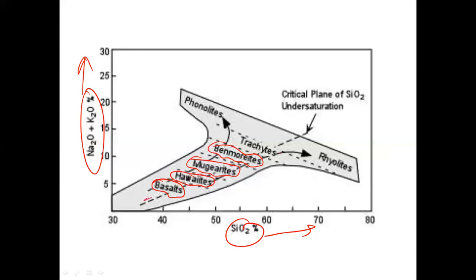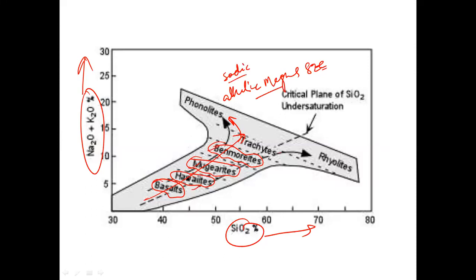So this is the path of alkaline magma series. Okay, and especially because it is hawaiite, mugearite and benmoreite, it is sodic magma series.